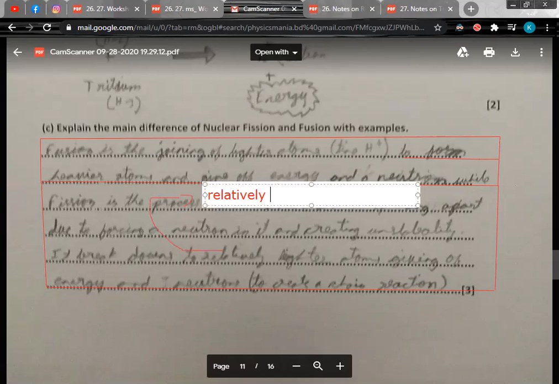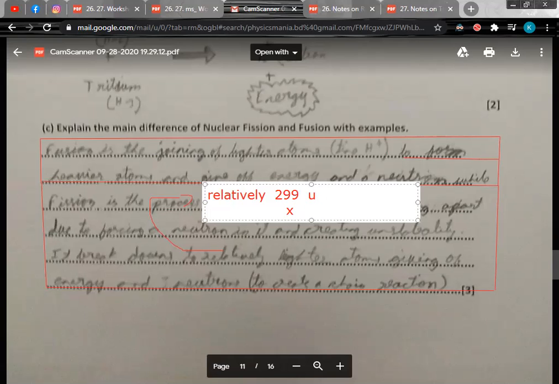I am trying to say that if we have, just for example, 239 of uranium, because I can just do much bigger, uranium.